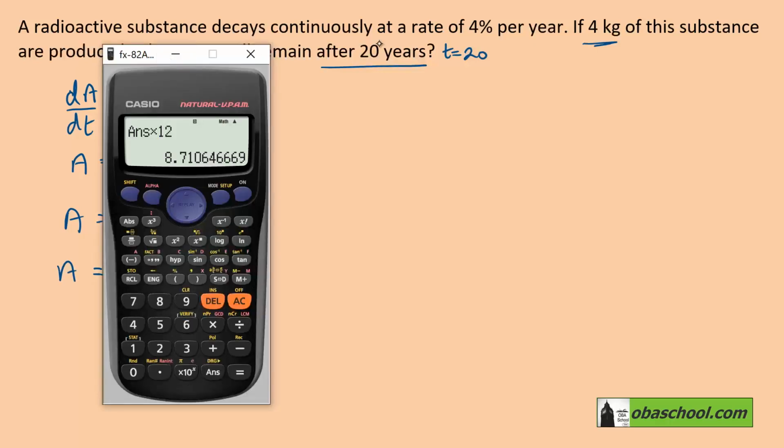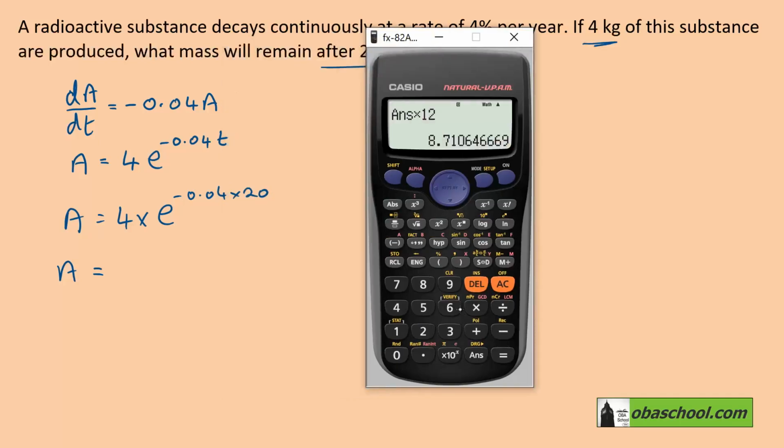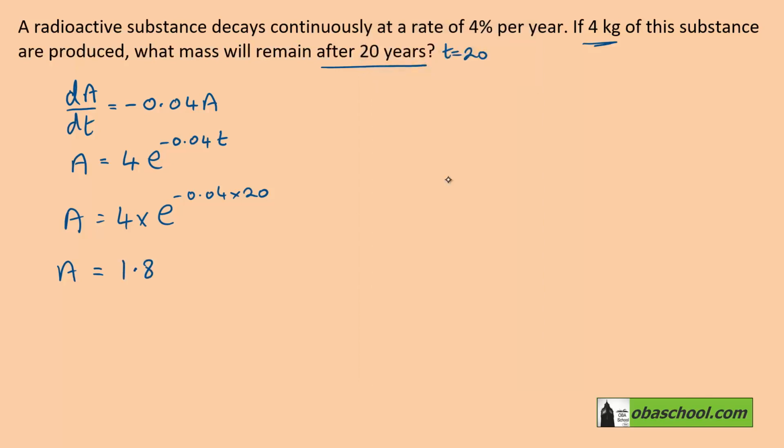So we have 4 multiplied by e to the negative 0.04 times 20, and that's 1.80 kilograms, correct to 2 decimal places.